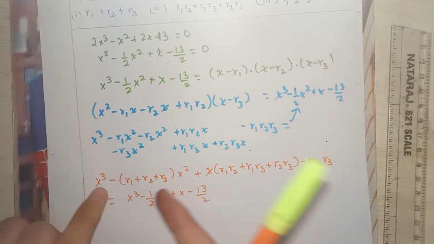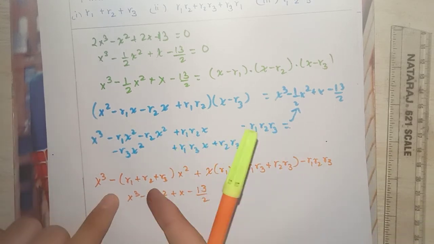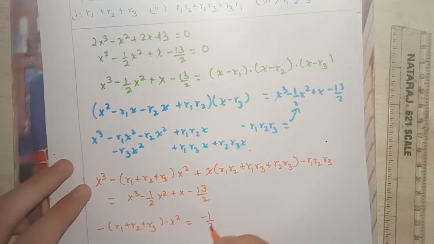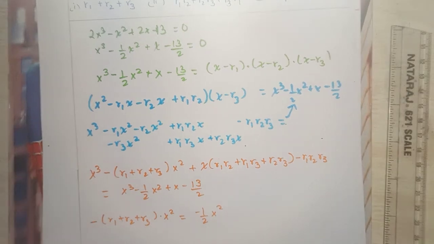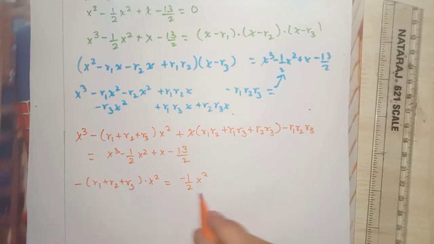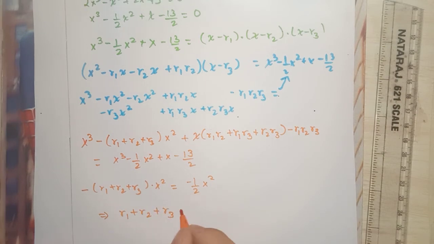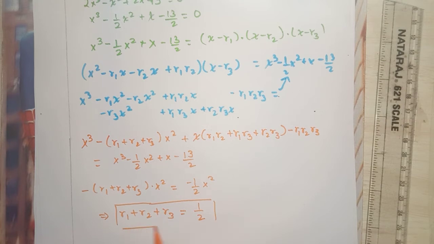Now let us compare both the sides. x cubed equals x cubed. So negative r1 plus r2 plus r3 times x squared is equal to negative half x squared. We can divide both the sides by negative x squared. So we will be left with r1 plus r2 plus r3 is half. And we are done for the first part of the question.